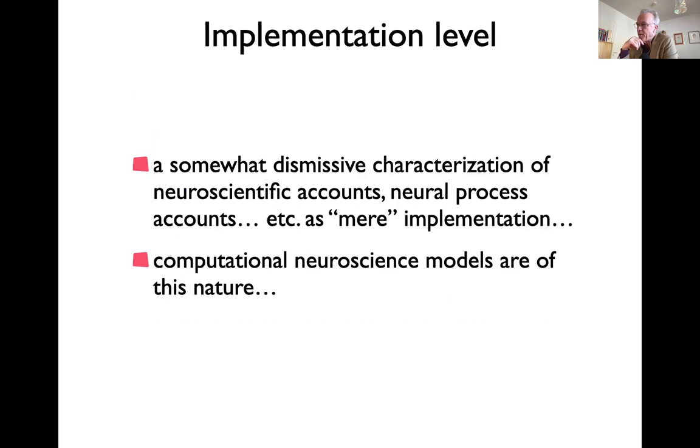So neuroscientists correctly find that very dismissive. In particular, you see there's a strong bias in this view to think that lawful things, constraints, really only arise at the highest level, the computational level. They capture laws of vision or of action. And everything else is really just implementation, algorithmic or neural, and doesn't actually give rise to additional constraints and laws. And in neuroscience, people, of course, got quite convinced that's not true.